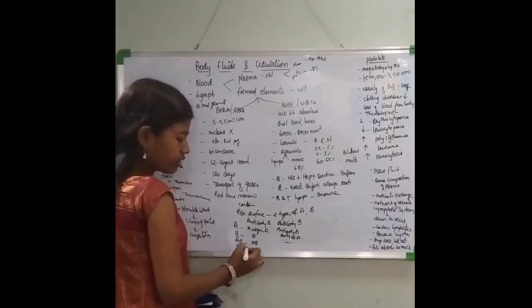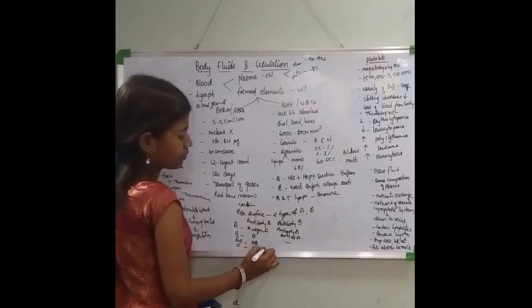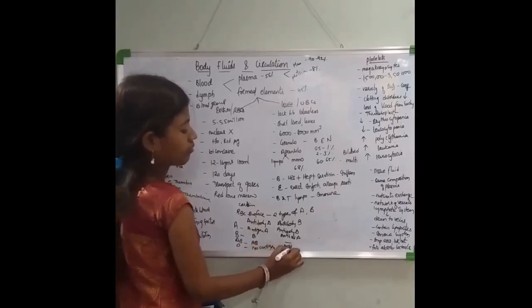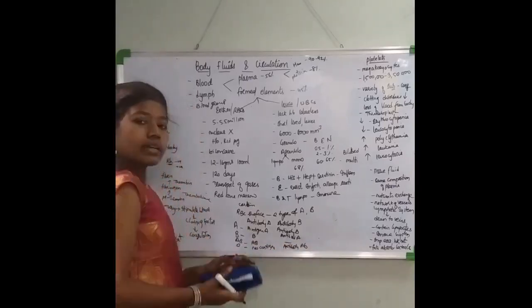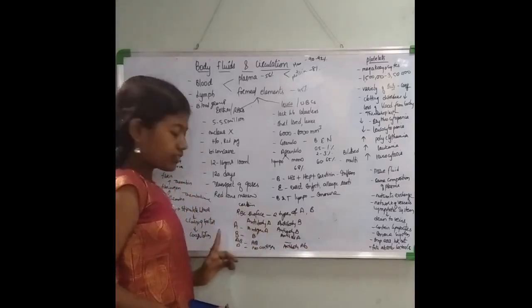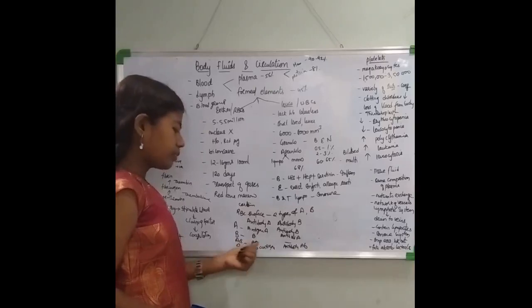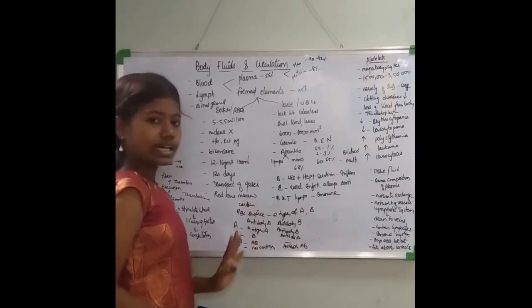When I talk about O, here you will have no antigen, but here you will find antibody A and B. Clear? That means if I talk about the blood group A, you will have antigen A. If I talk about the blood group B, antigen B. AB blood group, AB antigen. When I talk about the O blood group, you will have no antigen.